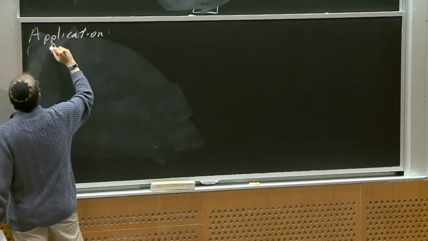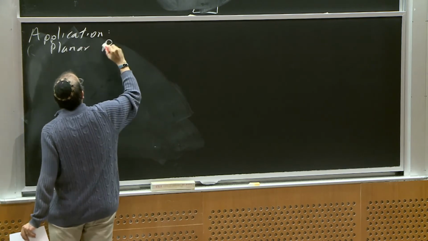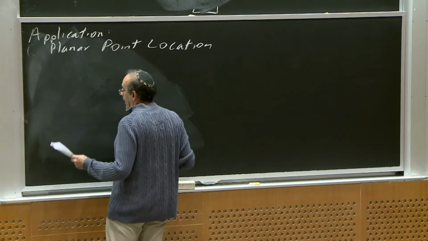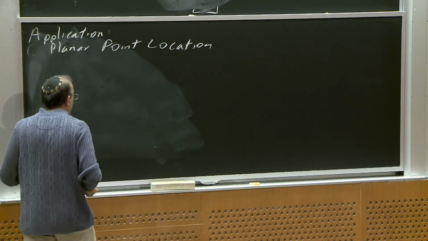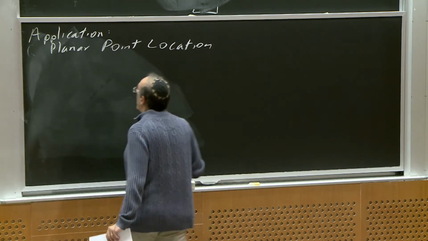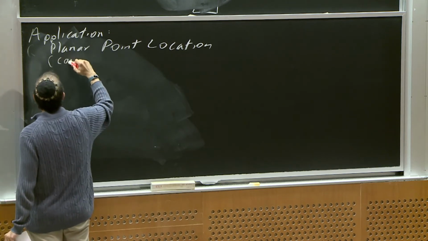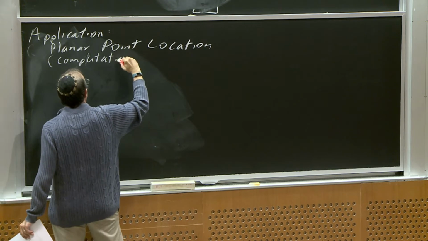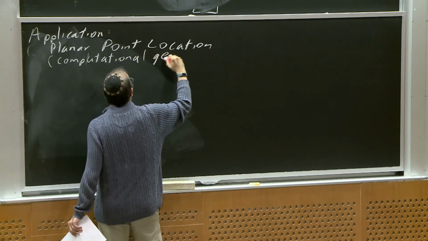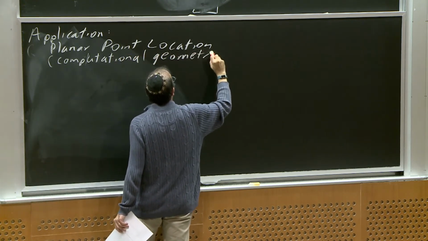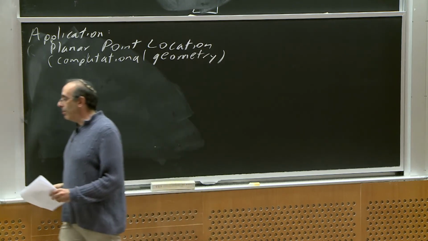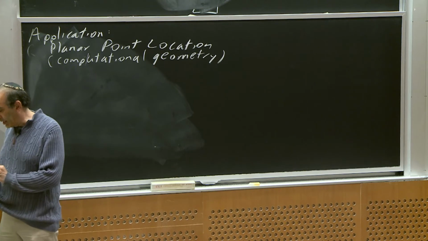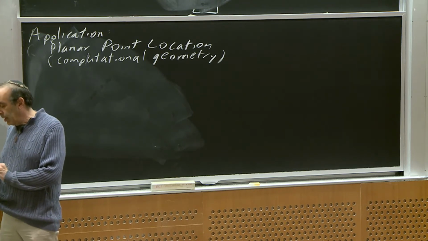Okay, so now let's look at a cool application of this, to the problem of planar point location. I have to define that for you. This is a computational geometry problem, and computational geometry is something that we will spend a week, maybe a bit more, on towards the middle of the semester.